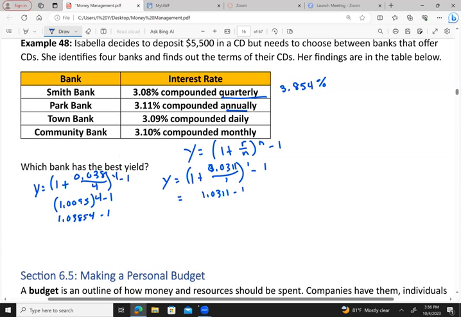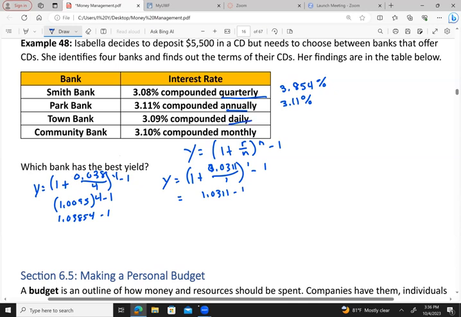So it is just the same, 3.11%. Okay, so it looks like Smith's Bank's winning so far.